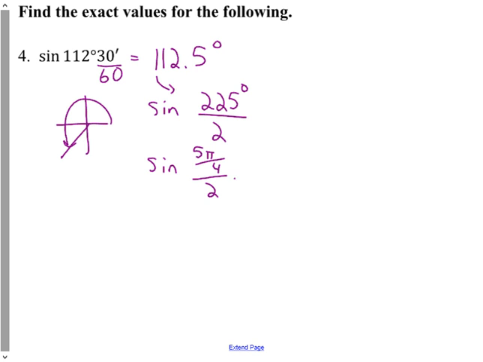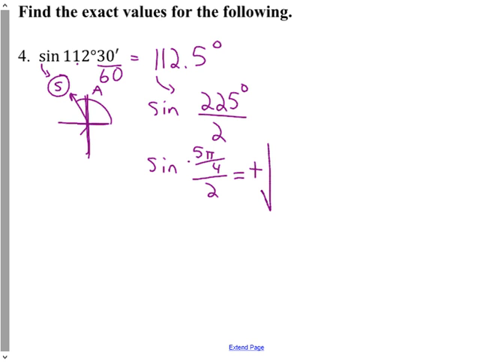And now, 5 pi over 4 doesn't dictate our sign, but 112.5 degrees does. And 112.5 degrees is somewhere kind of over here in quadrant 2, where all students, so S for sine, tells us that the plus or minus on the outside is going to be plus.